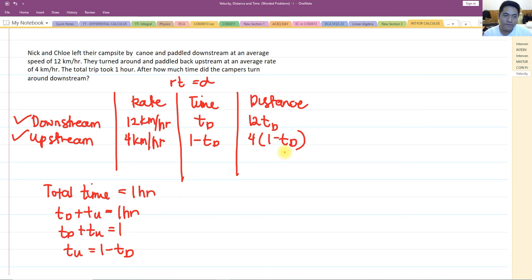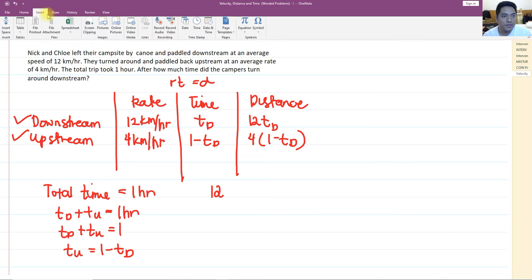Because when they left to travel downstream to the other side, they then go back from that area upstream. They are just going back and forth. So the distance is the same. So you have to equate the distance.